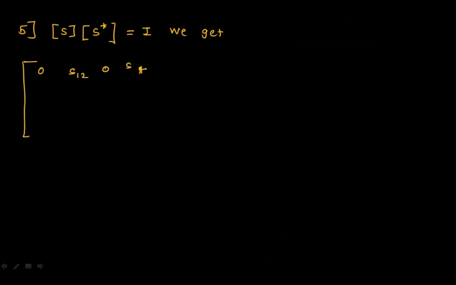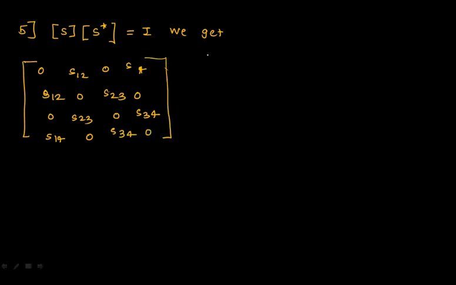So fifth, you are going to write S into the complex conjugate of the same matrix gives you I. So we get here, we'll write 0, S12, 0, S14, then S12, 0, S23, 0, 0, S23, 0, S34, S14, 0, S34, 0, and the complex conjugate you are going to write all the coefficients as they are but as the complex conjugate.